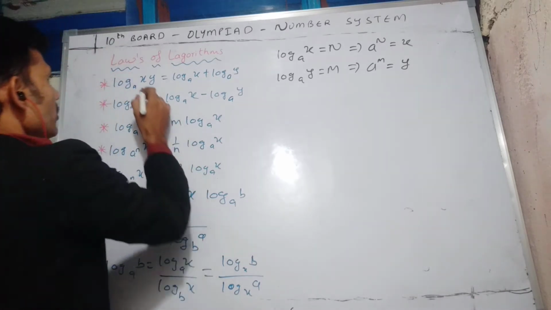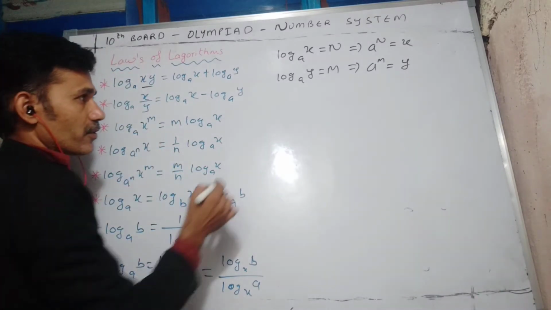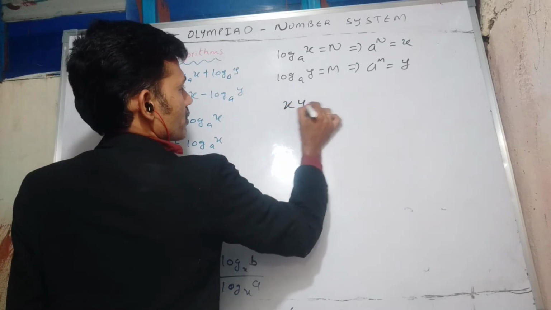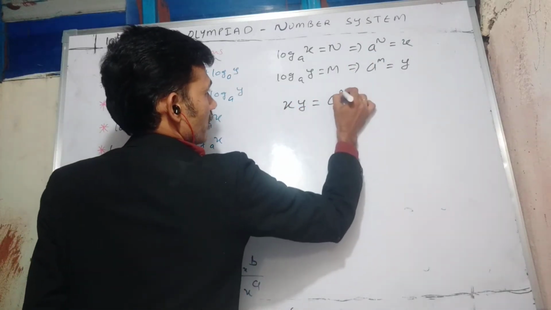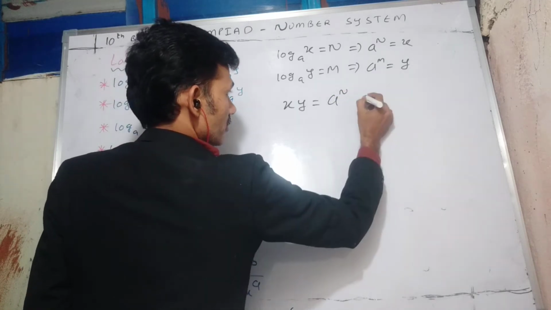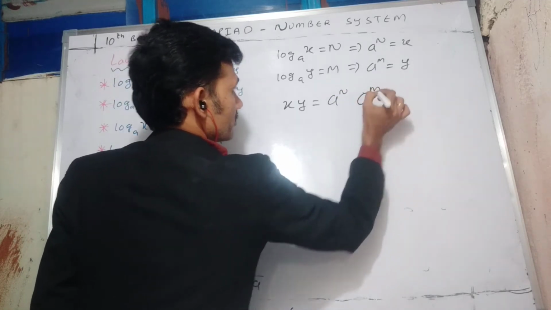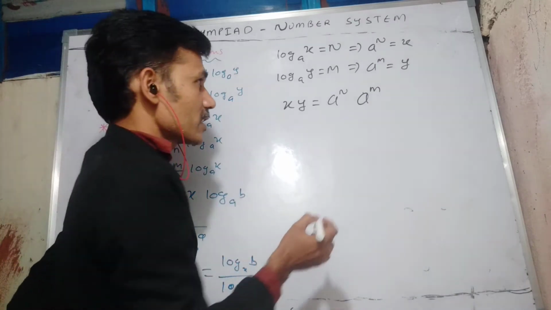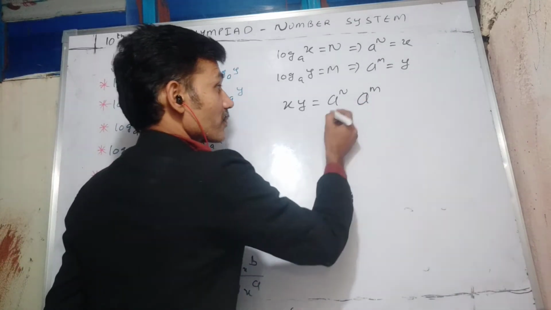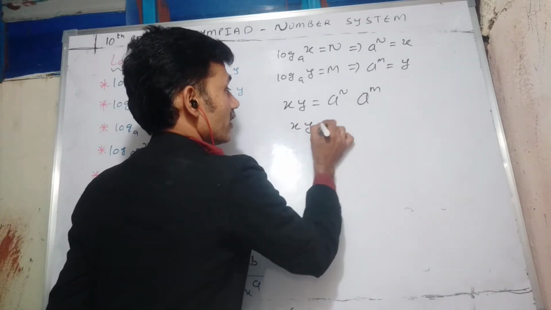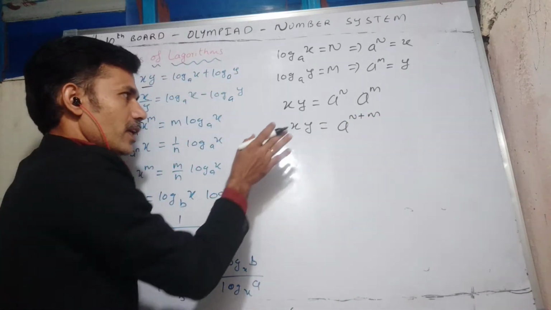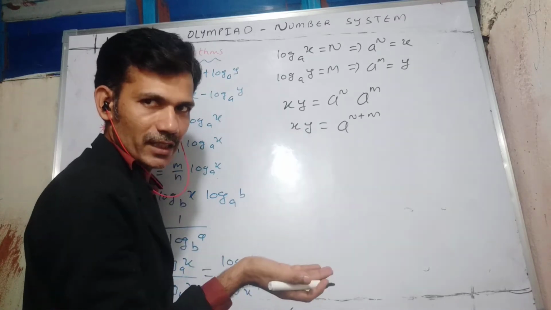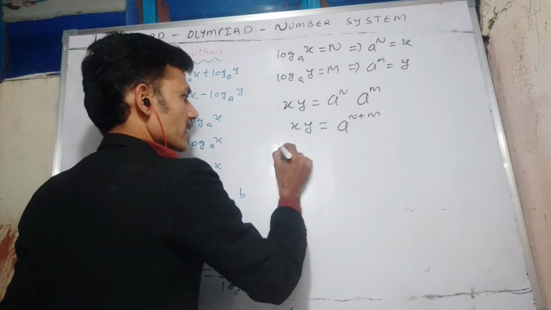Okay, see now we want the product of logarithms. So x times y is equals to, here x is a power n, y is a power m. Exponents laws we know, bases are same means we can add the exponents. Now again this will express in logarithm form. How we can express?